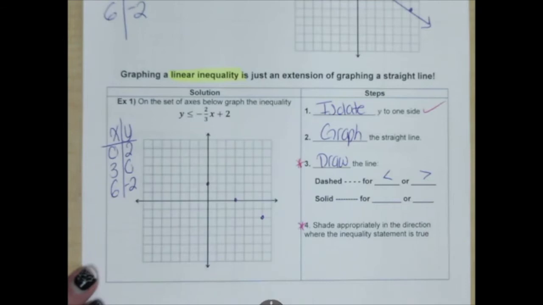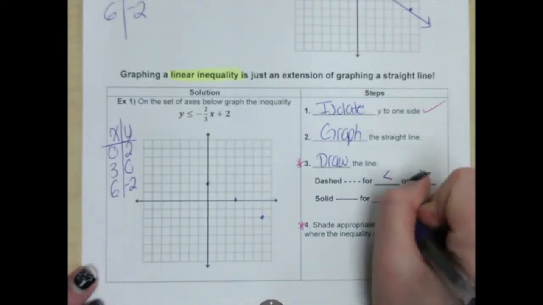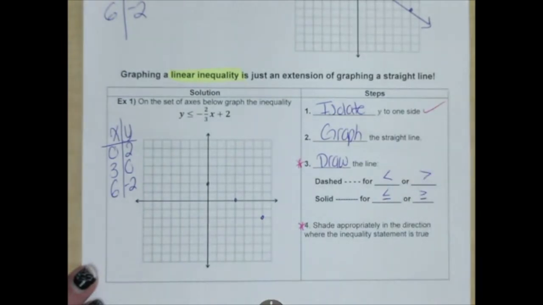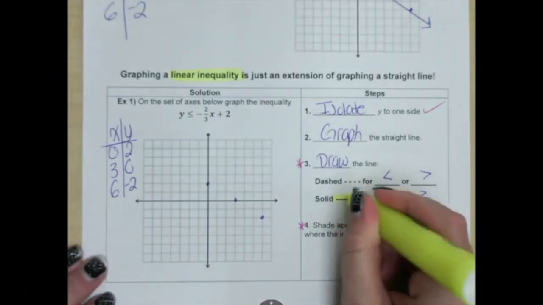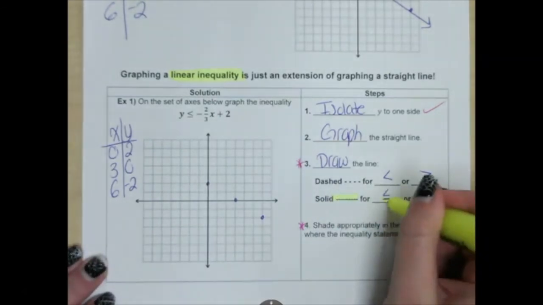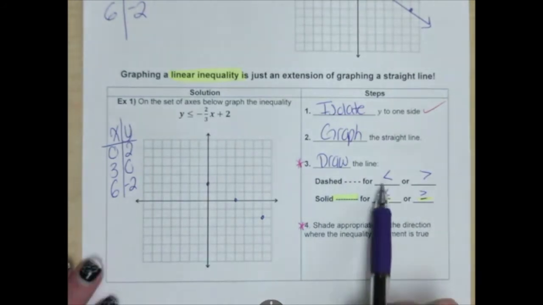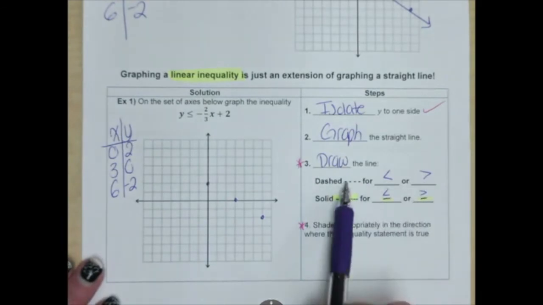A solid line has a less than or equal to or a greater than or equal to symbol. The way I remember it is, if I want a solid line, I should have a solid line in the inequality. If I don't, it would be dashed. These guys don't have the solid line, so it would be dashed.